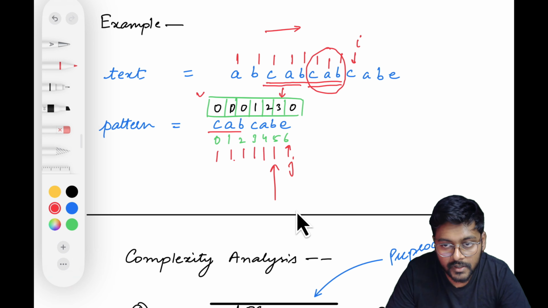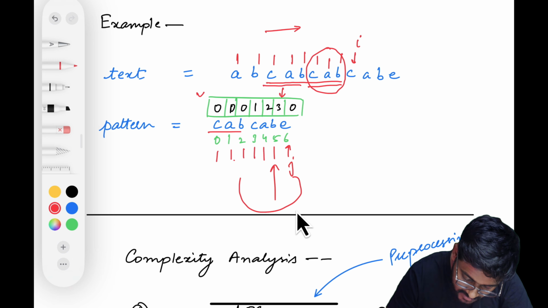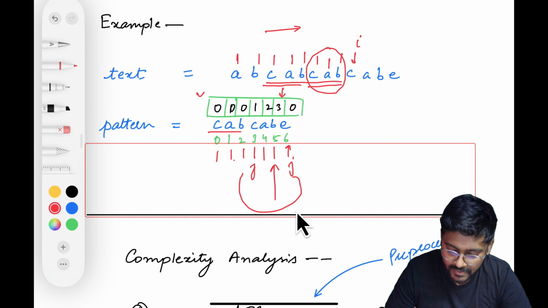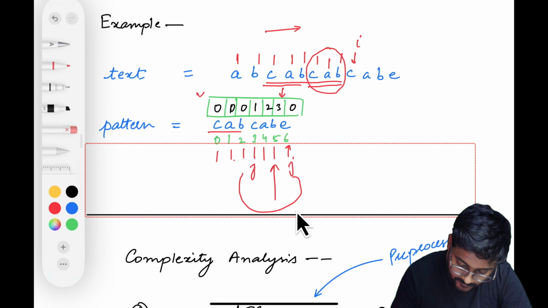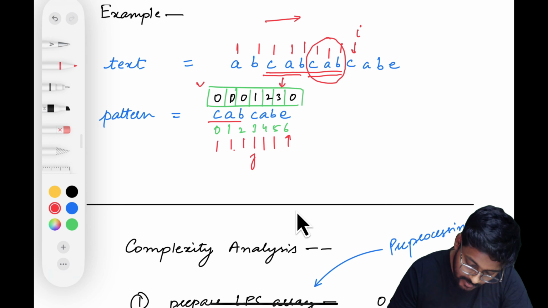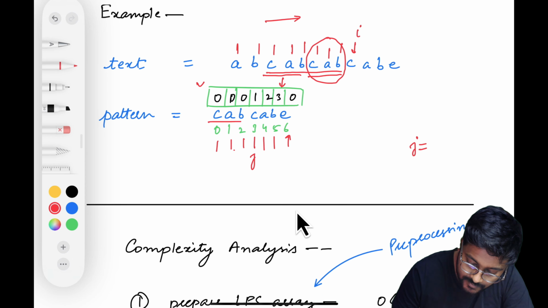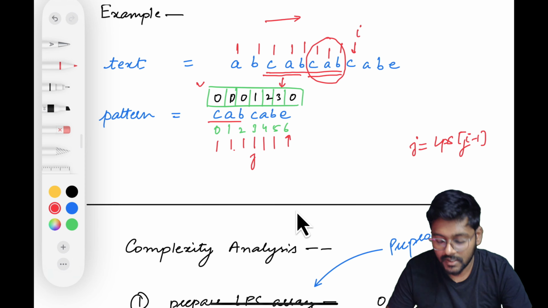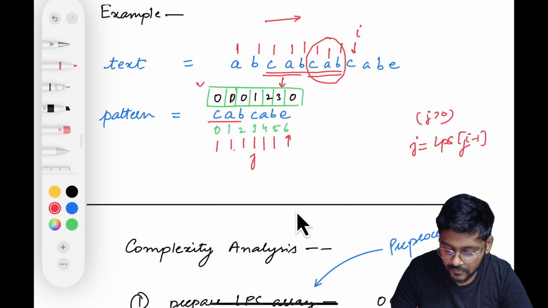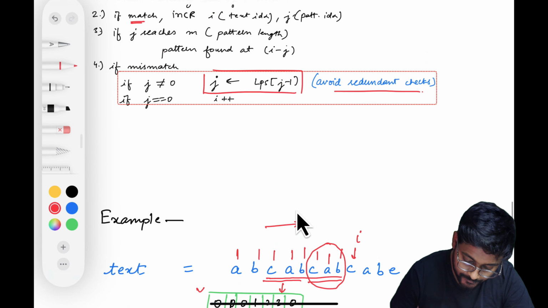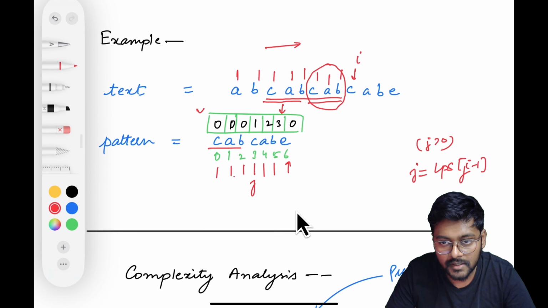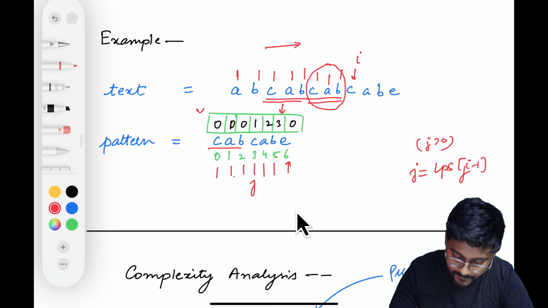CAB is already compared, and if I just jump J to this value 3, then I can start my comparison from this updated value of J. So in short, J becomes equal to LPS of J minus 1, if J is greater than 0, as per our algorithm. In this case, I have avoided 3 redundant checks, CAB and CAB.